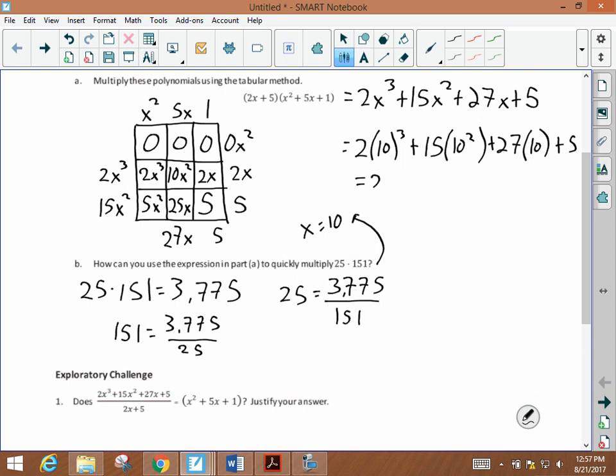Turns out that is 2,000 plus 1,500 plus 270 plus 5.